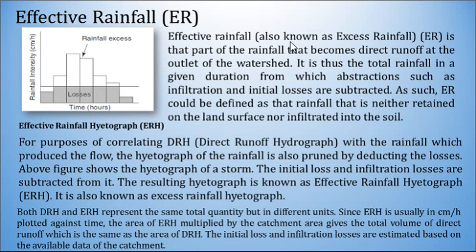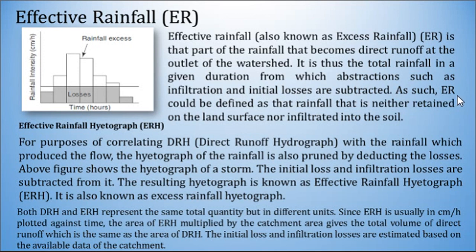Effective rainfall, also known as excess rainfall, ER, is that part of the rainfall that becomes direct runoff at the outlet of the watershed. It is thus the total rainfall in the given duration from which abstractions such as infiltration and initial losses are subtracted.